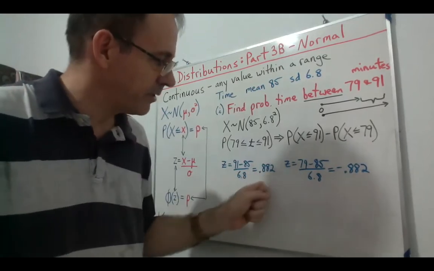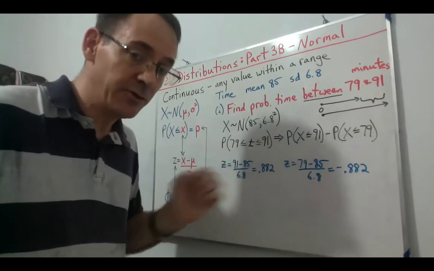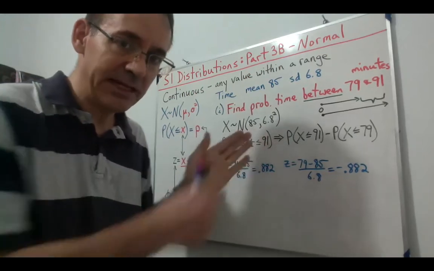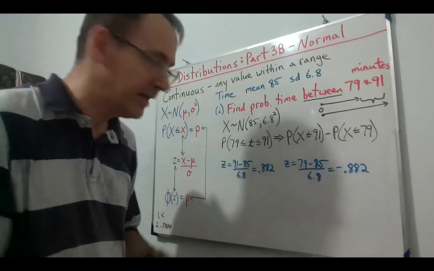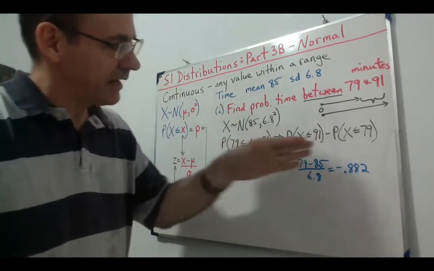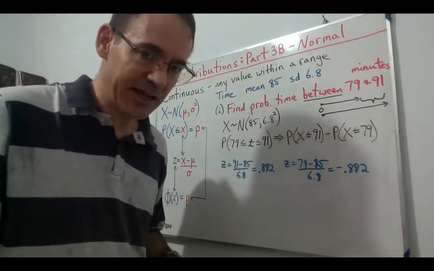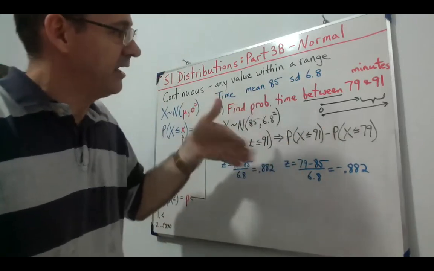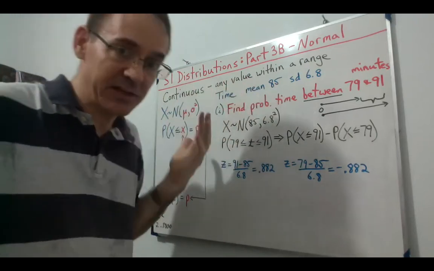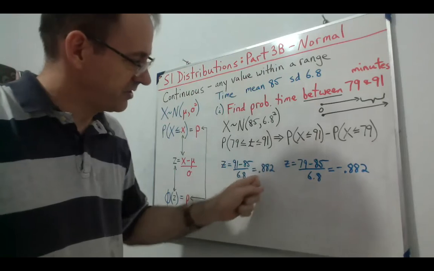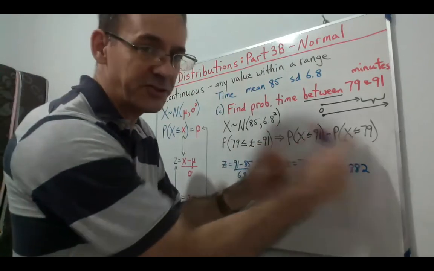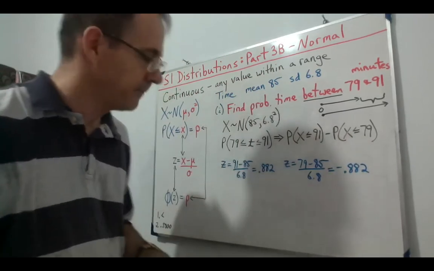The z numbers are the same in absolute value, but one's positive and one's negative, meaning they're on opposite sides of the mean, but the same distance away. They don't have to give you numbers that are the same distance away. They could have said, what is the time between, say, 90 minutes and 50 minutes? So just recognizing that these numbers are the same shows that you have symmetrical values around the mean.